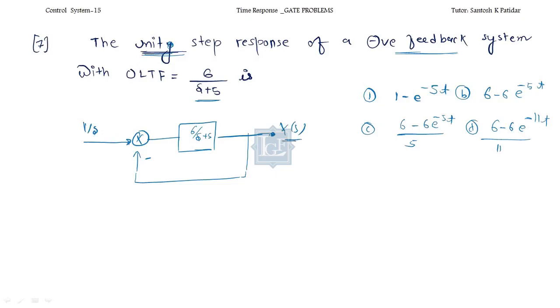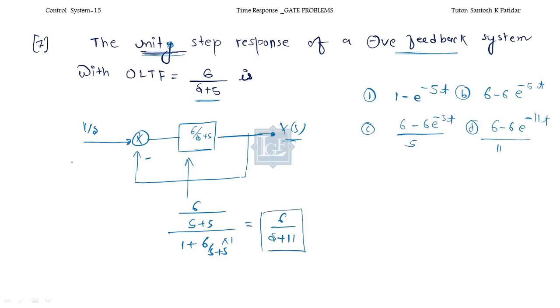I have to find out Y(s) over here. How will we solve this? Find out the overall transfer function of this system. So it will be (6/(s+5)) divided by 1 plus (6/(s+5)) into 1. So finally you are getting over here 6 upon s plus 11. This is the closed loop.